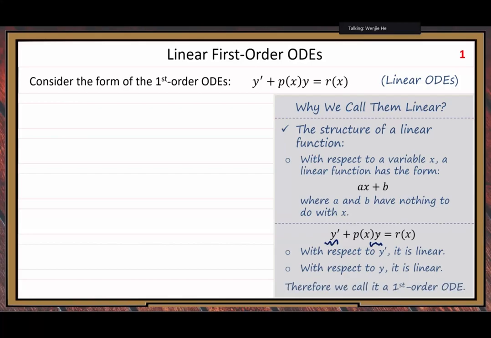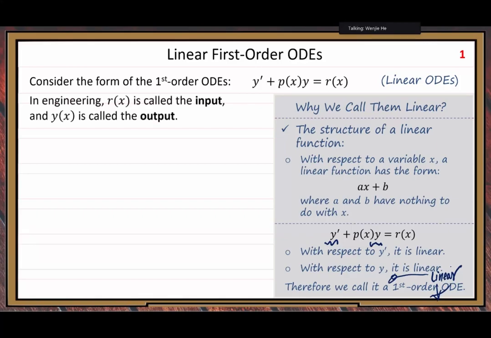We call it first order linear, because we talk about linear, so we should not miss that word linear.